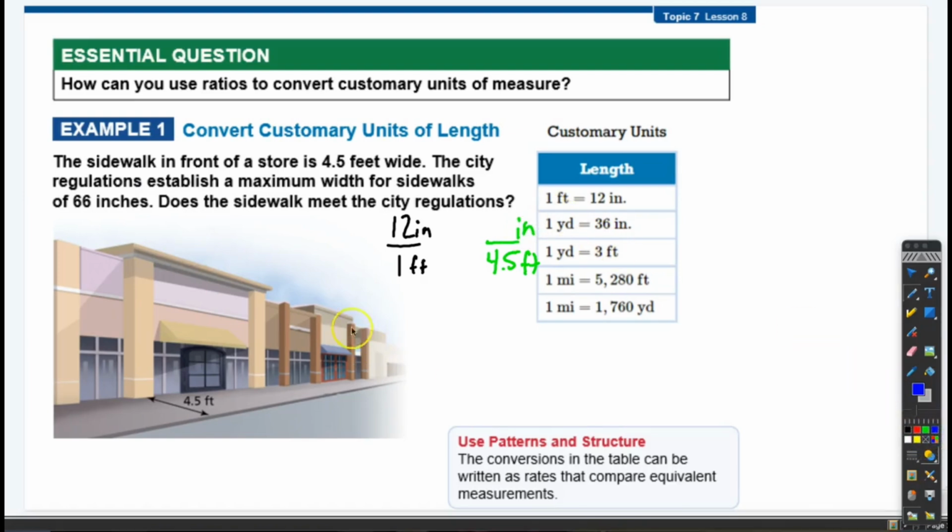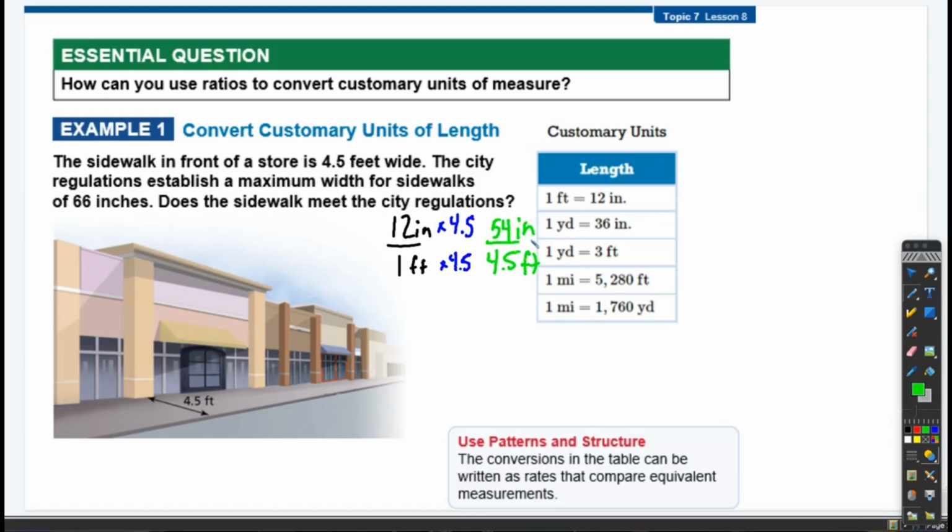How do we get from 1 to 4.5? Well, I'll tell you right now. A little secret I got. We multiply by 4.5. And whatever we do to the denominator, we do to the numerator. So what is 12 times 4.5? It is 54.